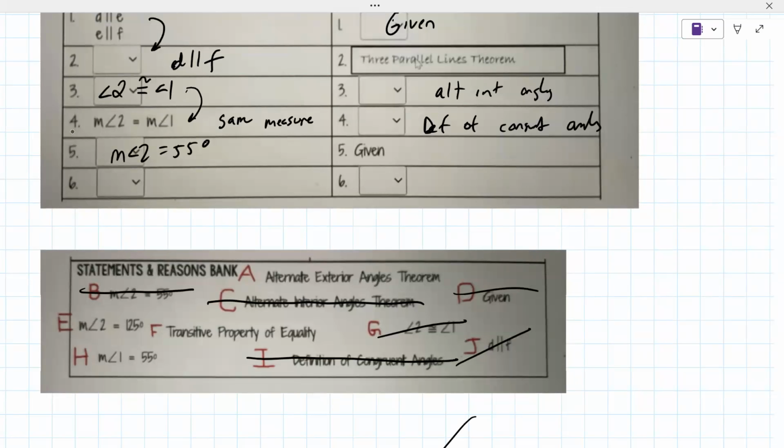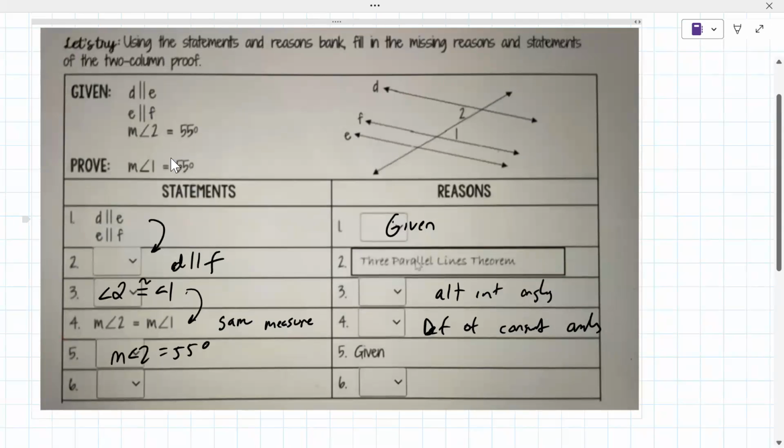Now, I like the reasons bank, because there are only a couple of options here. It's either E or H down here. And you actually should know, because it's the proof statement, it always goes in the last position. H.